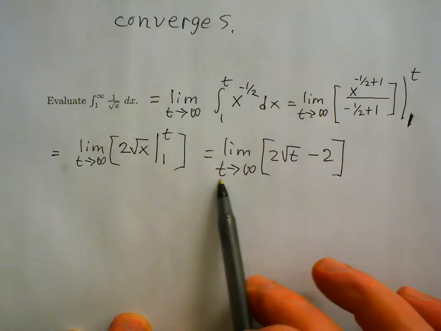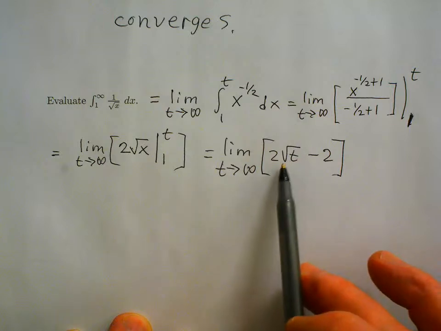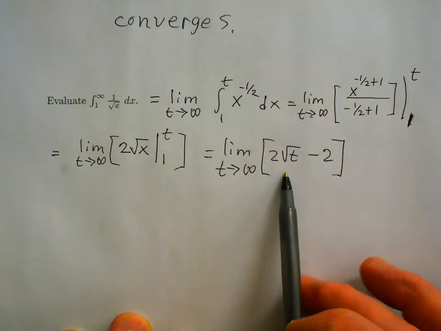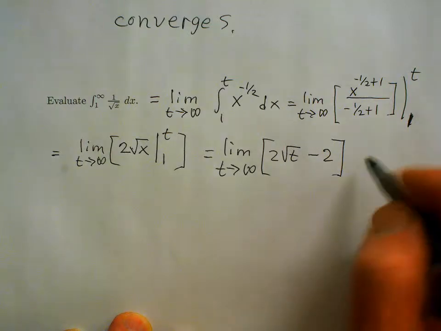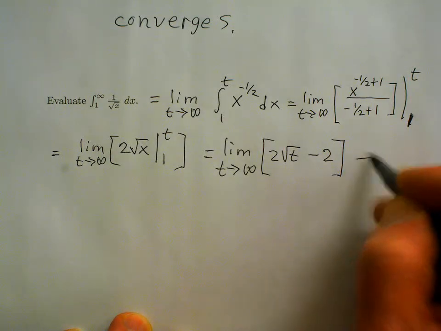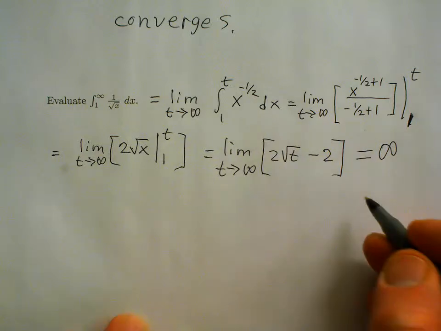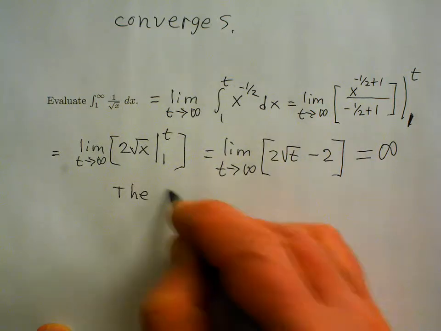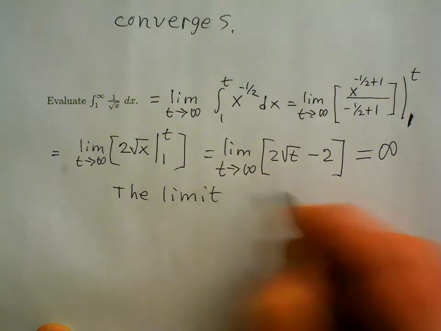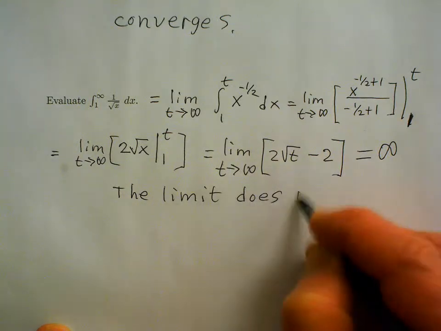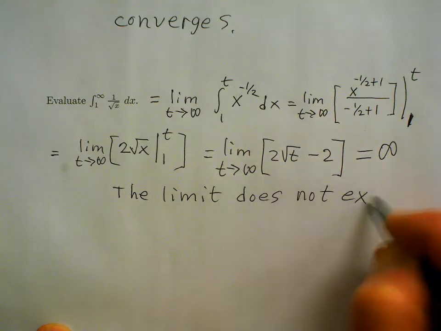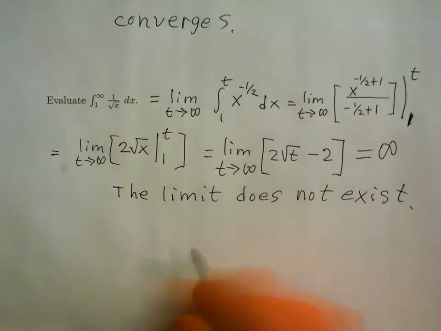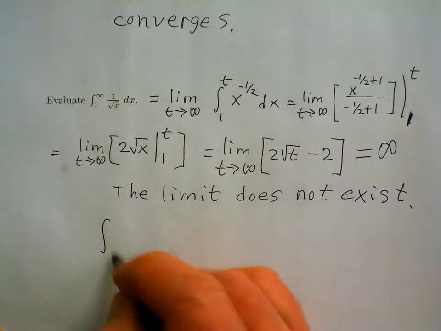Well, as t approaches infinity, so does the square root of t. So informally, we say this equals infinity, but what we really mean is that the limit does not exist. So the improper integral diverges.